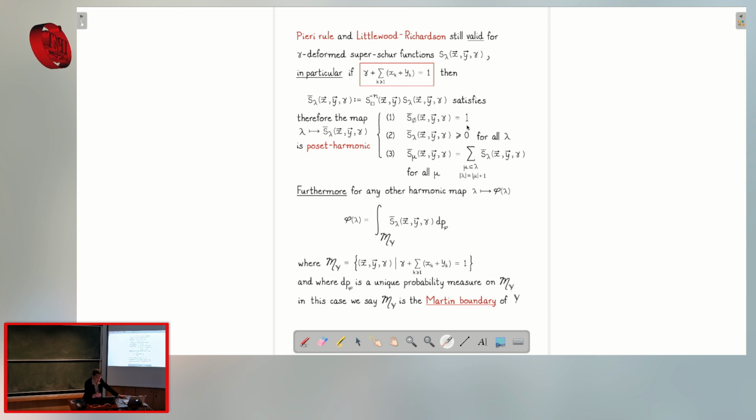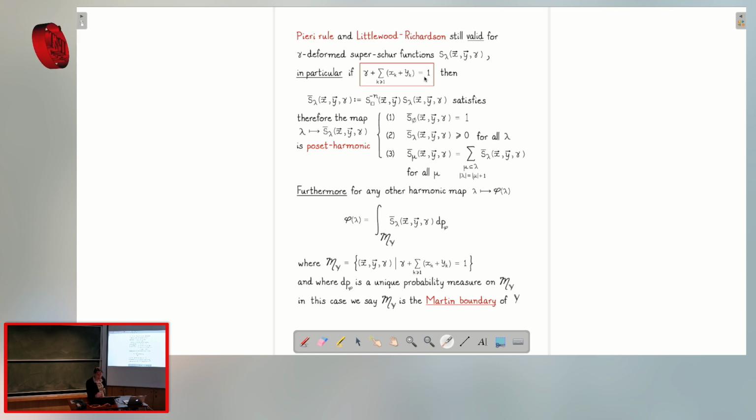These are always non-negative, since all of the parameters are non-negative, so these barred Schur functions will themselves be non-negative, and the Pieri rule in this case just reduces to this identity, which is exactly the harmonicity condition. So for every collection of x's and y's and gamma which meet this condition, we get a harmonic function.